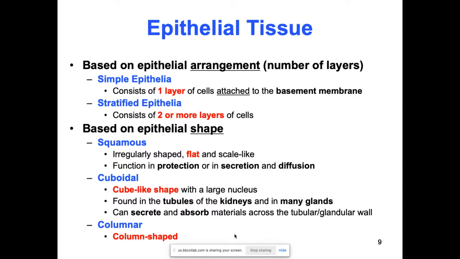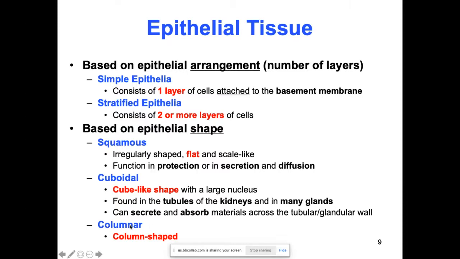One is called the proximal convoluted tubule, and the other is called the distal convoluted tubule. So there's a proximal convoluted tubule and a distal convoluted tubule. And those tubules under the microscope will have cuboid-shaped cells. And they're used for secretion and absorption.